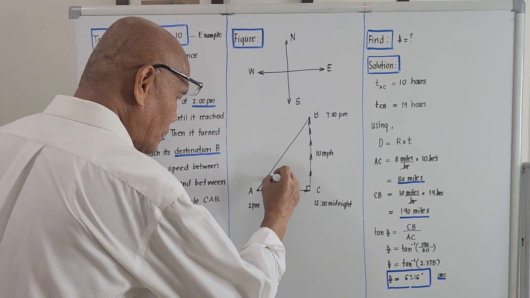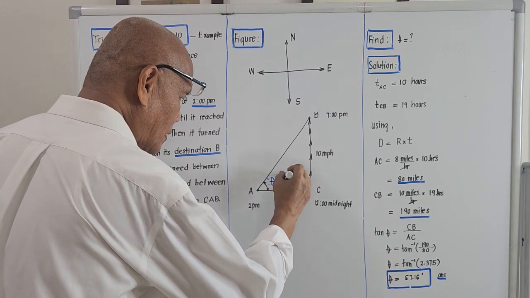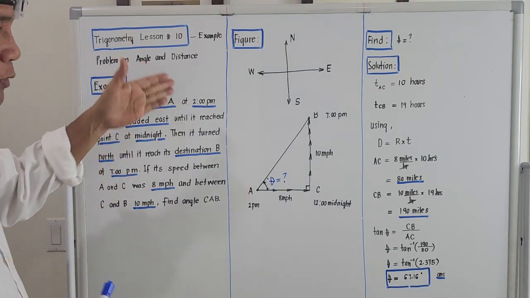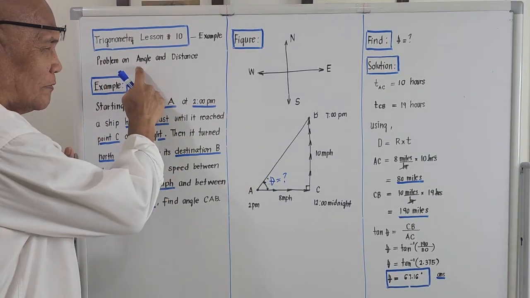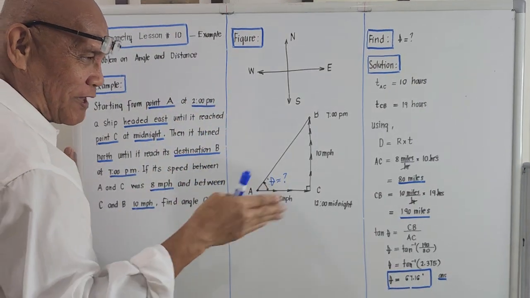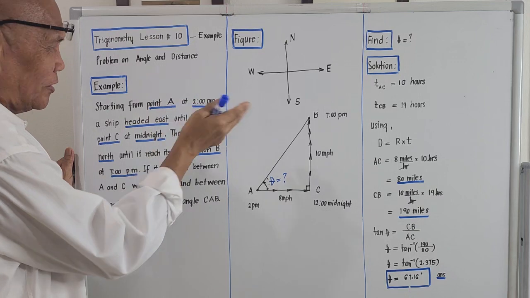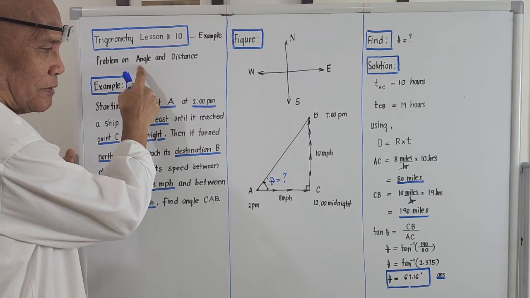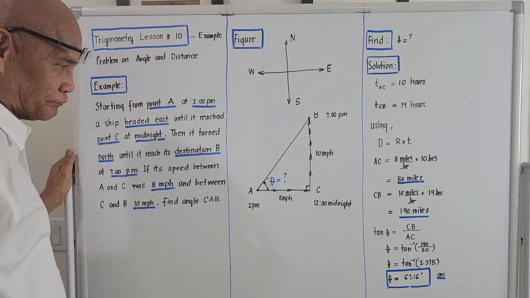That's why our topic is an example problem on angles plus a distance problem. Because what is being asked is an angle, the content of the topic is an angle problem plus a distance problem.